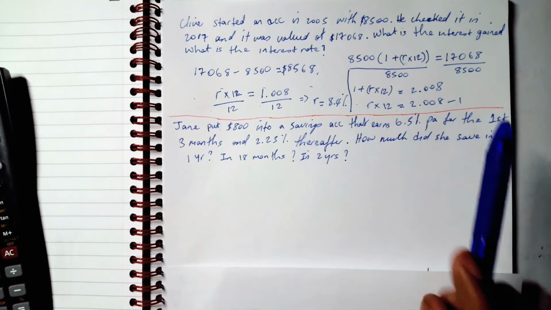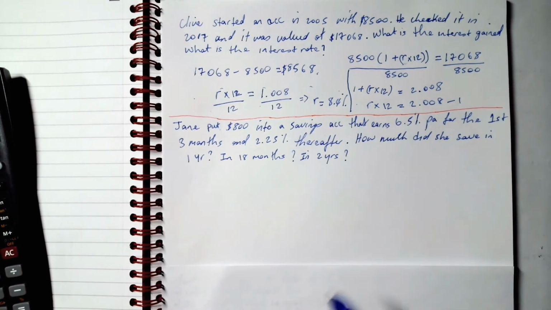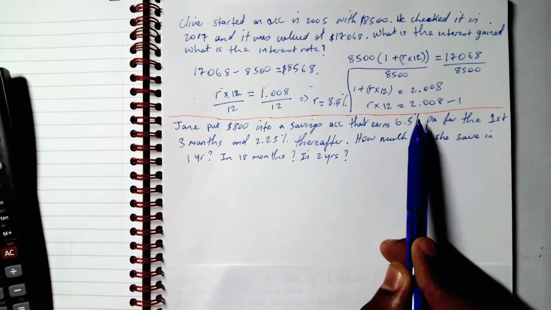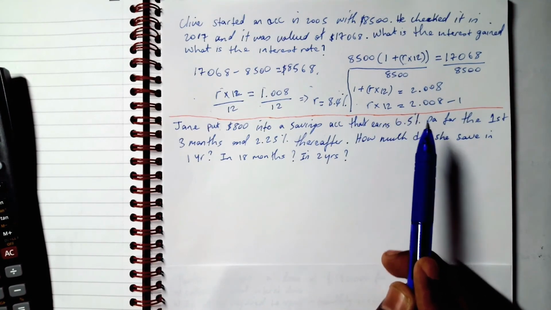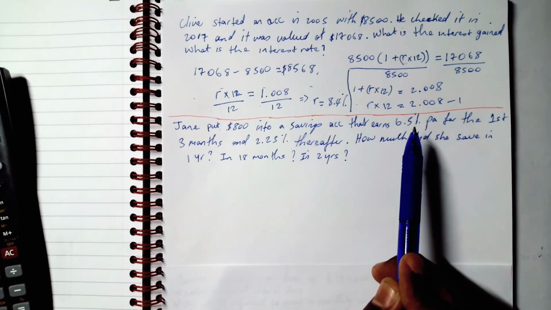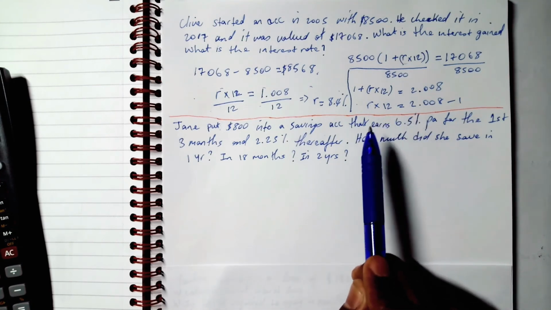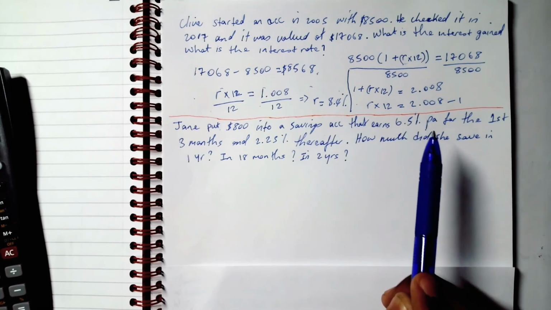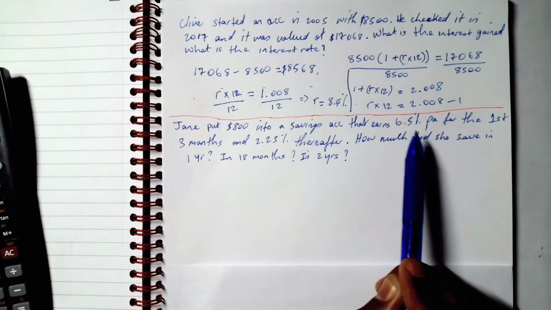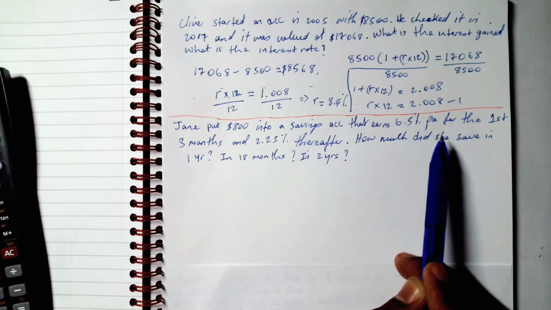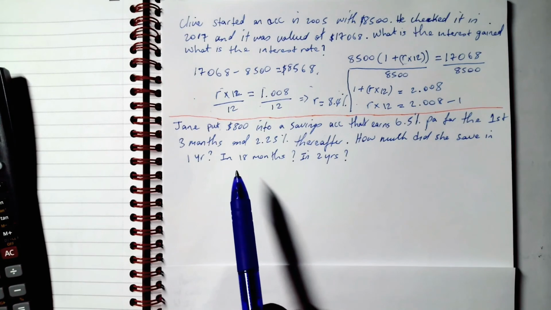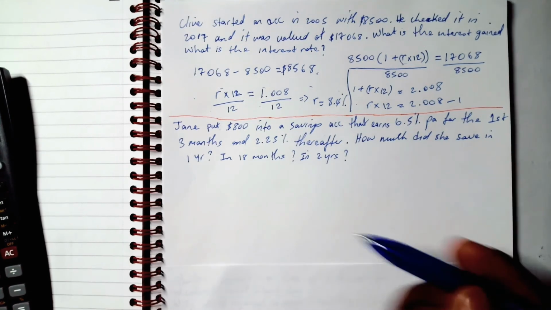Alright, so we must calculate the accumulated amount at the 6.5% first, and then we take that amount and accumulate it at this percent. Alright, let's see what I mean.